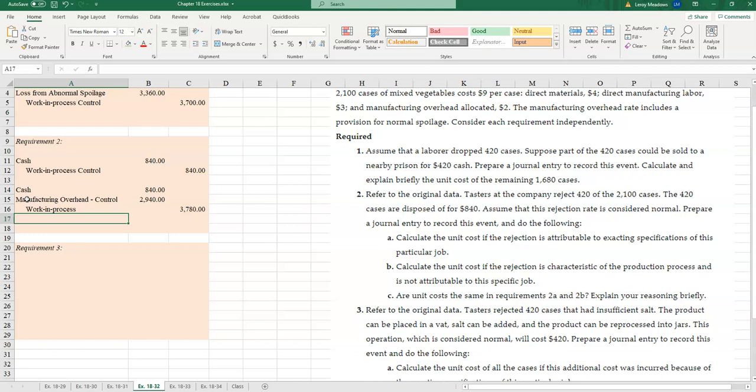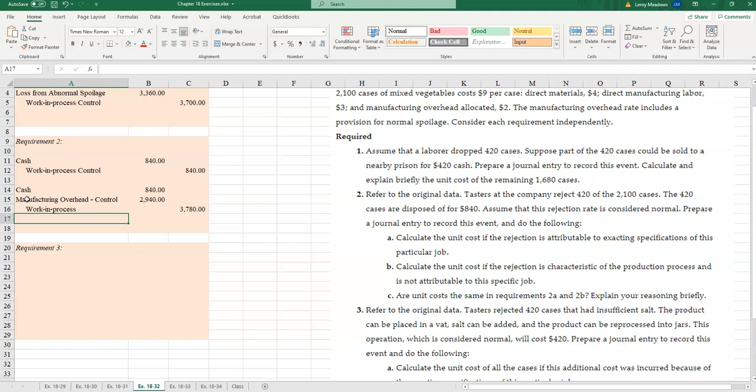So now let's compute the unit cost here. Because this was normal spoilage, but it was not attributable to that specific job, remember, manufacturing overhead control has built-in normal spoilage when we're computing the manufacturing overhead allocation rate.